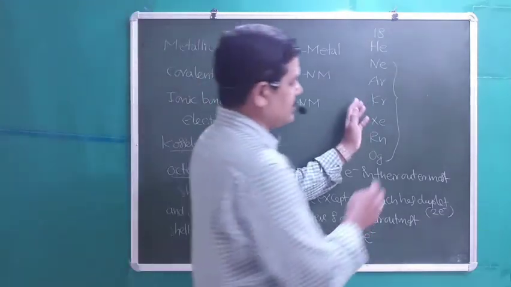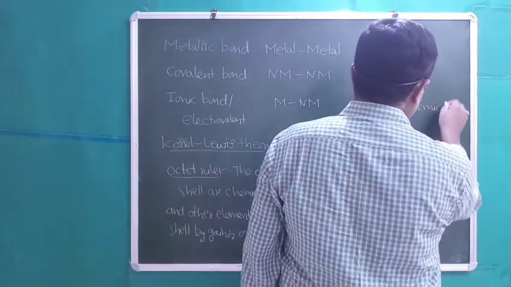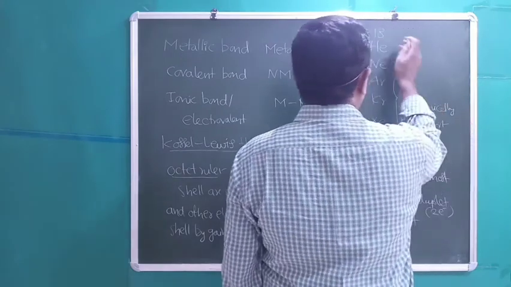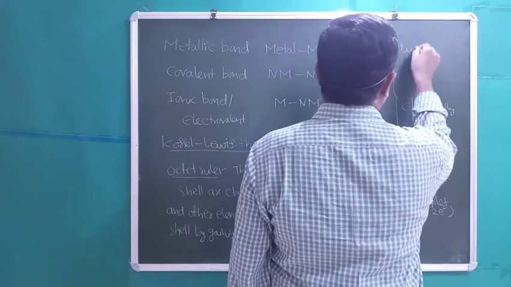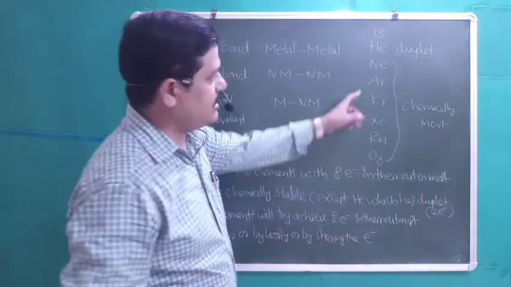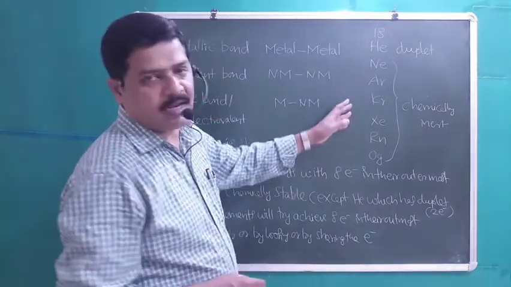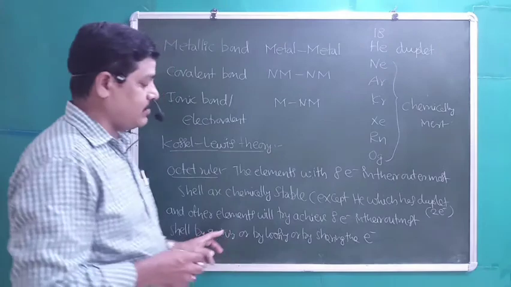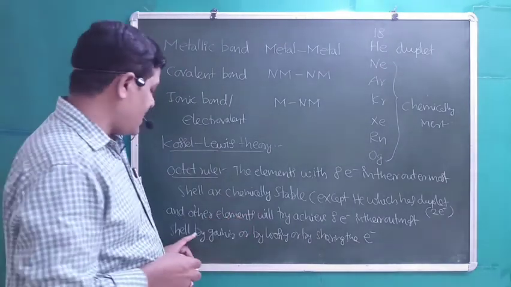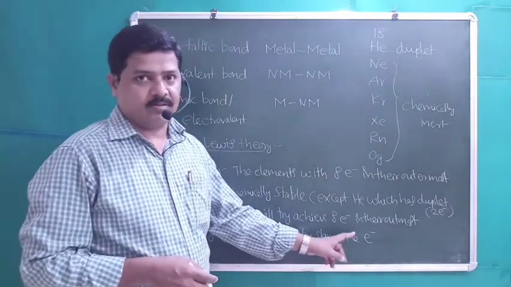So it is observed that they are chemically inert. Whereas helium has a duplet, 2 electrons in the outermost shell. The rest of the elements of the periodic table will try to achieve 8 electrons by gaining, losing or sharing electrons.